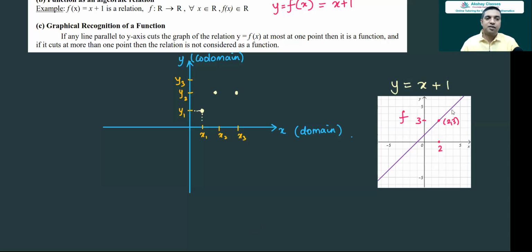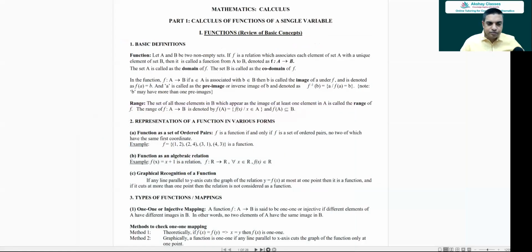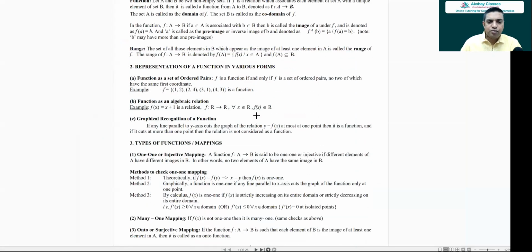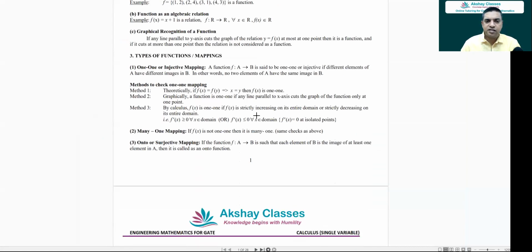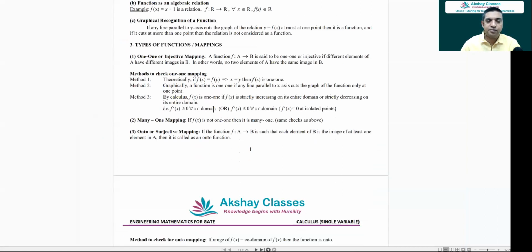So this is a graphical representation of a function. Now I'll not go into more details. I'm just introducing or reviewing the concept, and going forward, wherever it is important for you for GATE, I will stop and explain further.